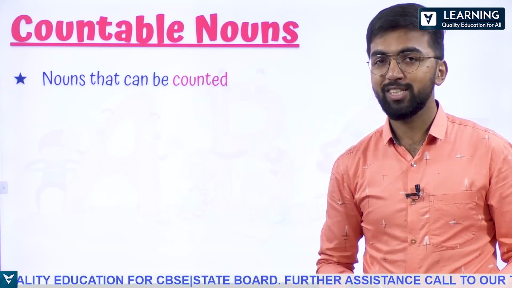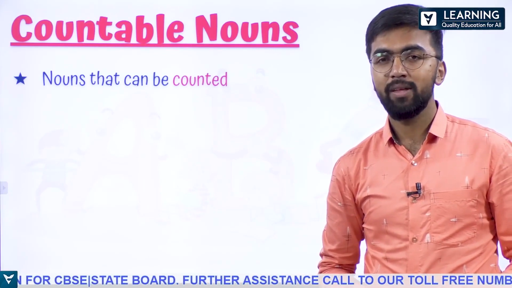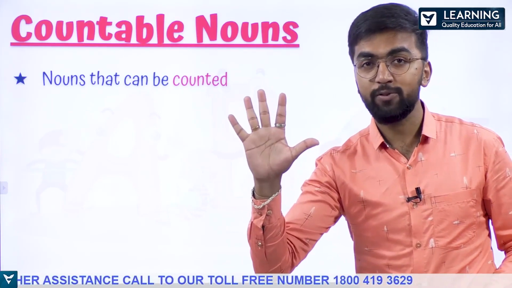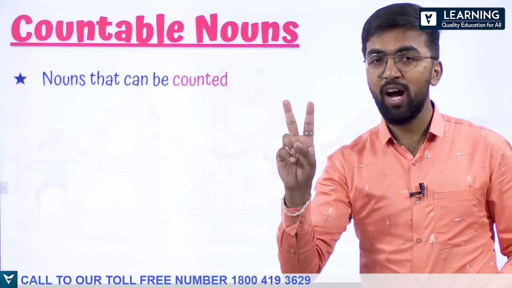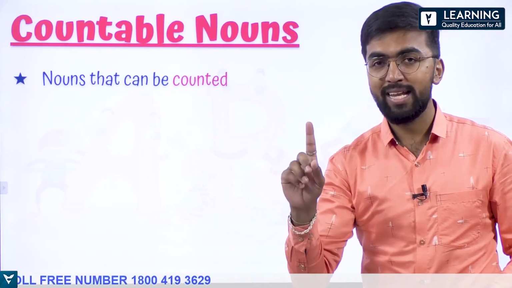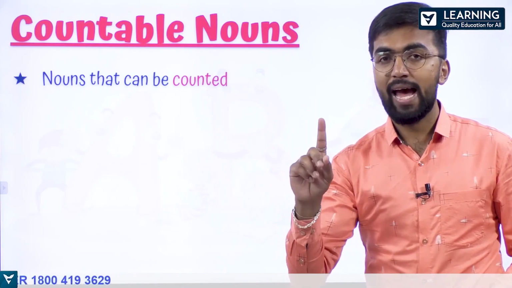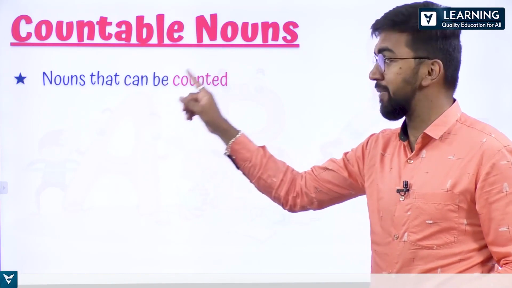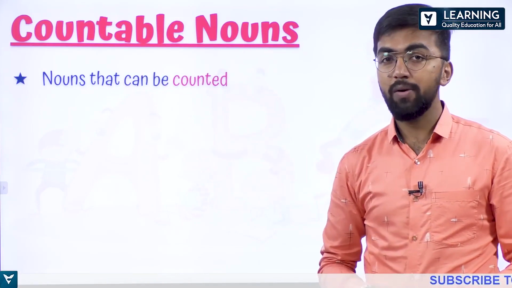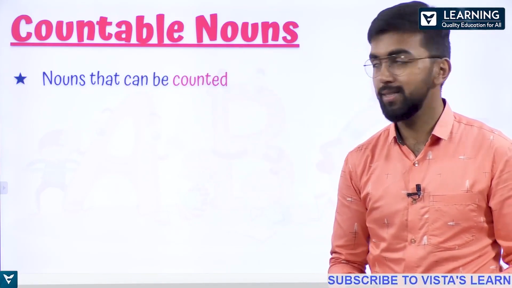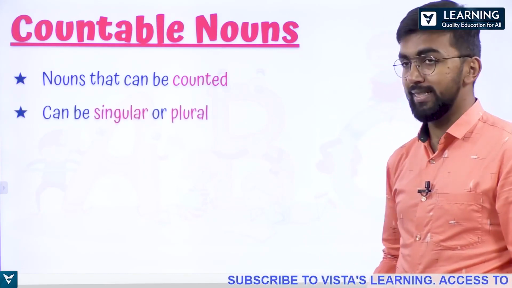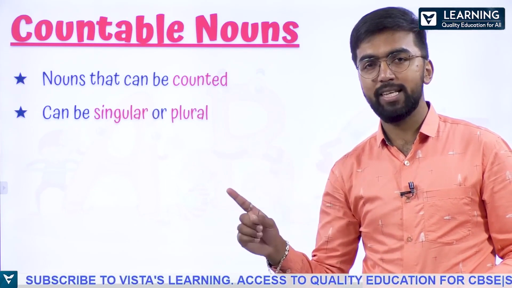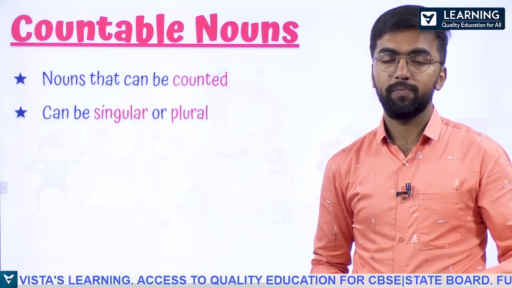You remember the story that we had earlier? Tina playing in the garden has 5 chairs, 2 gardeners, 1 table, 1 cat. All of these are nouns that can be counted with the use of numbers. The next is countable nouns can either be singular or plural.